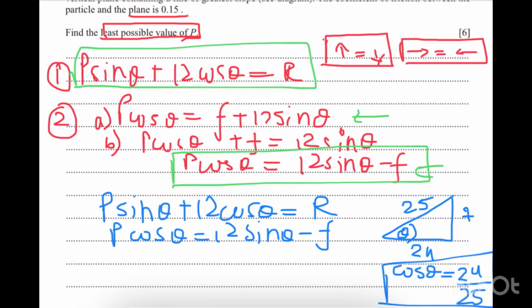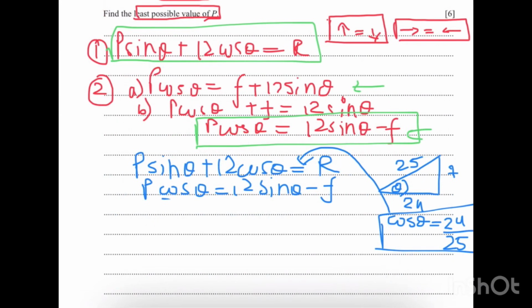So now we can use this information and plug it into these equations. In order to simplify these two equations to find the value of P, you will need to find like terms. One is cos theta and sine theta, the values that we have, so we can simplify those. The other unknowns that we have are P, R, and the value of friction. So we need to find a way to simplify that.